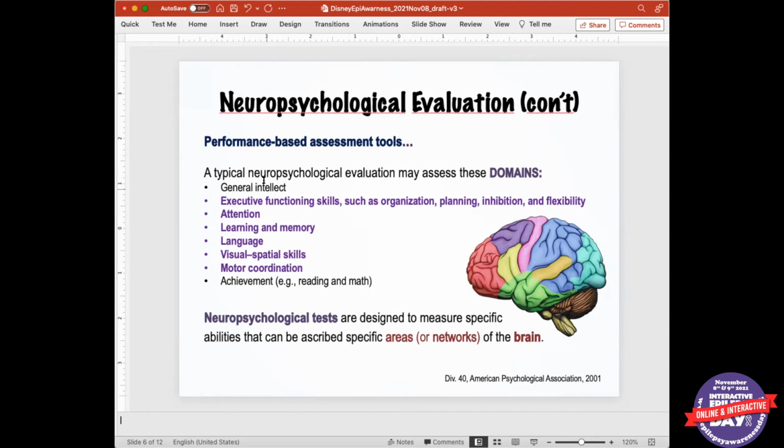So that's this. And then there are a number of different other domains that look at specific aspects of thinking. So one is executive functioning, which I think a lot of people have heard of.